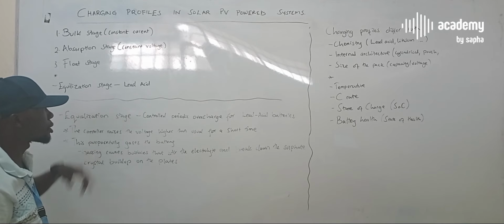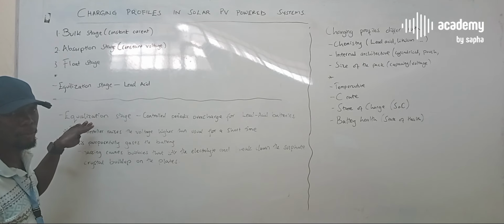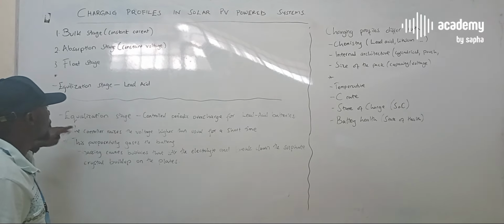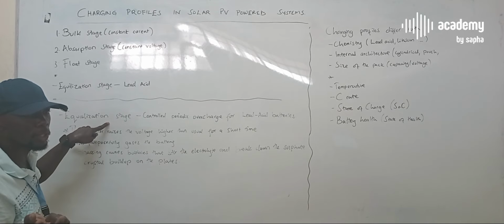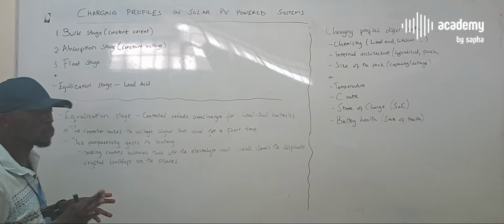For an unprogrammable system, this won't be achieved. But for programmable systems, in the equalization stage, you send, for example, 15 volts, and it's not for a very short period, so as not to damage the cells.